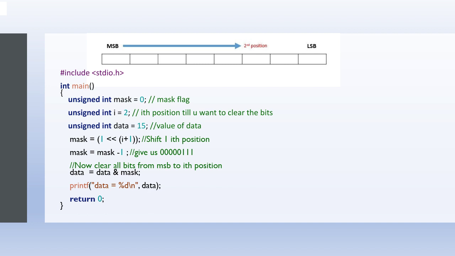Now to clear all the bits from MSB to the ith position, that can be done by ANDing the data with the mask. This will result in clearing all bits from the MSB to the ith position.